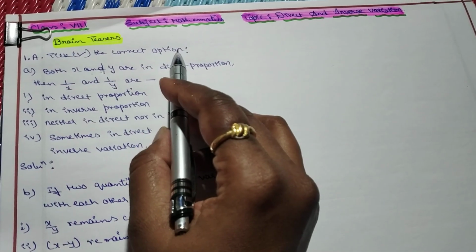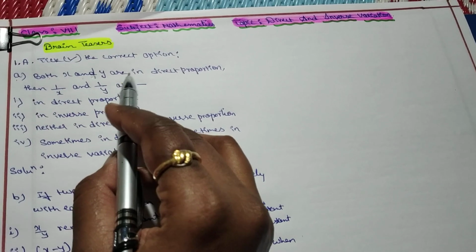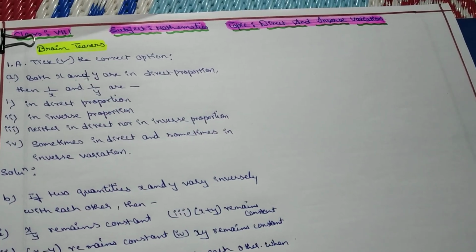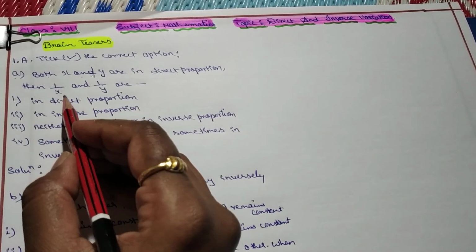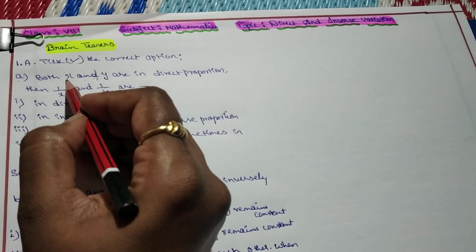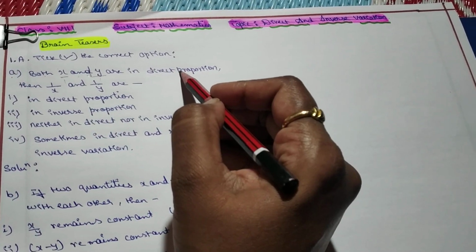Tick the correct option. A question, both x and y are in direct proportion, then 1 by x and 1 by y are. You can observe here children, here given was x and y and they are in direct proportion.